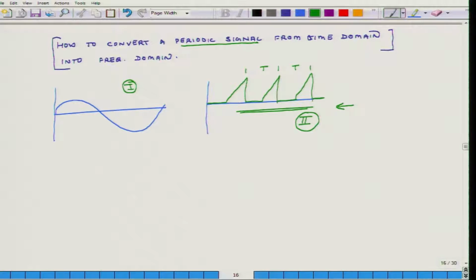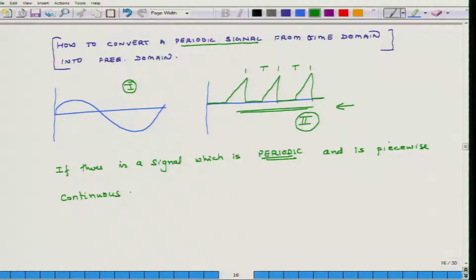So, how do we do that? You must have learnt this technique: if there is a signal which is periodic, it is important, which is periodic and is piecewise continuous.